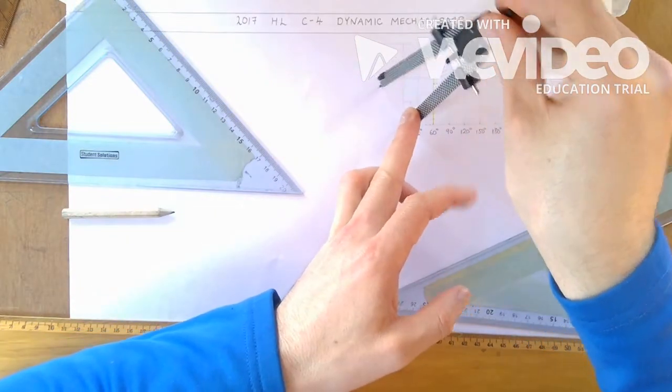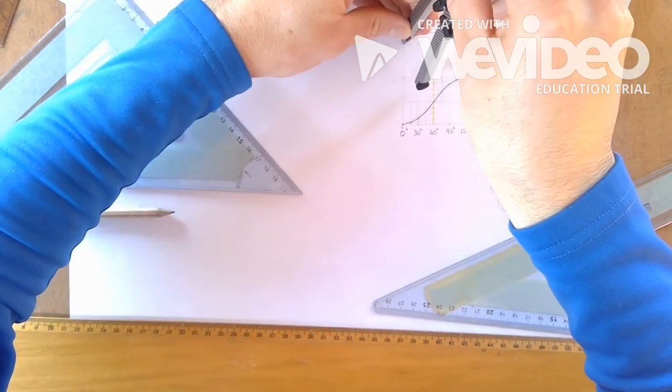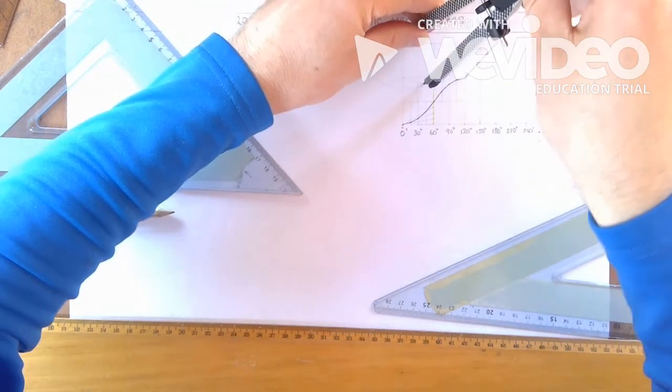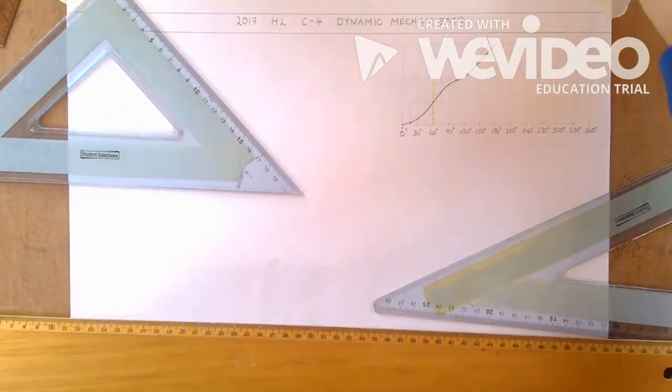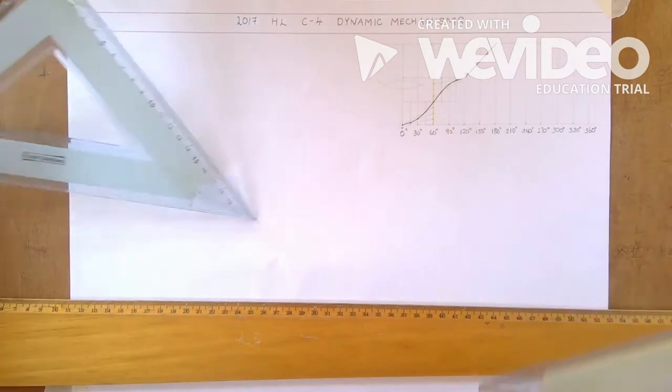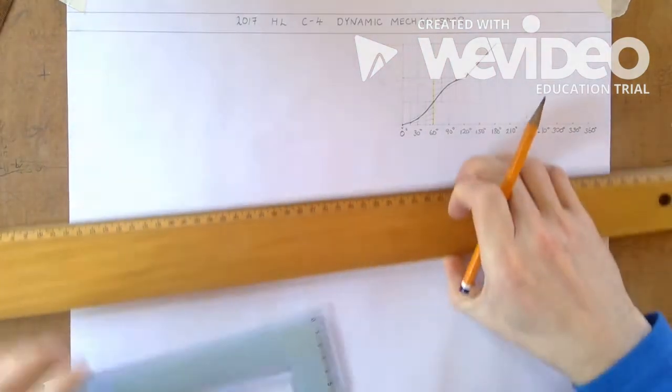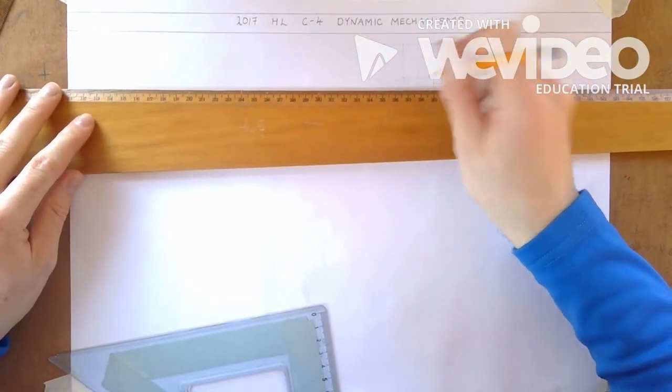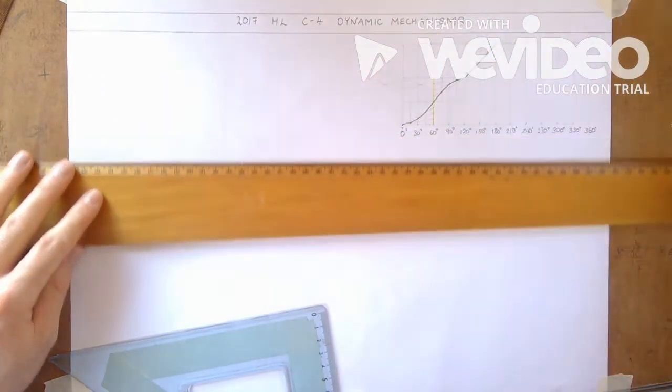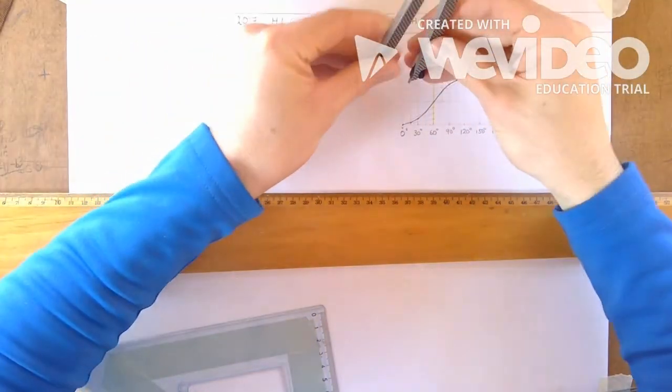So the first thing I'm going to do is bisect this here, find my center, and draw my semicircle.